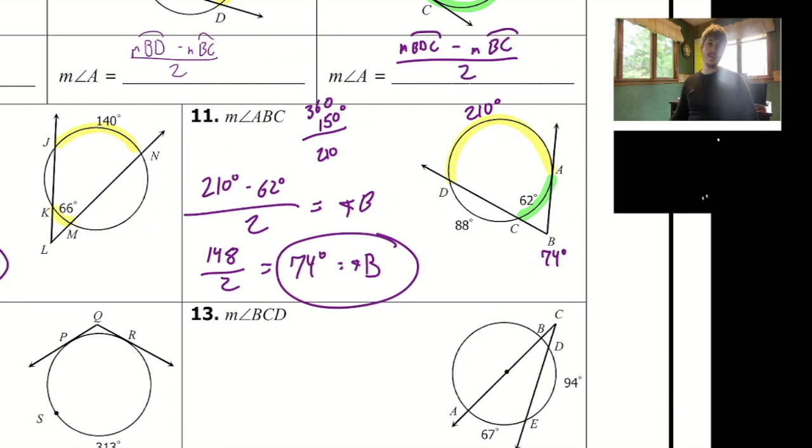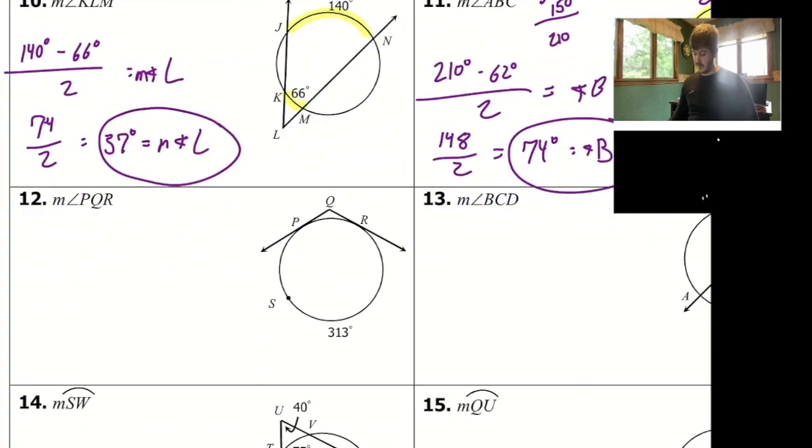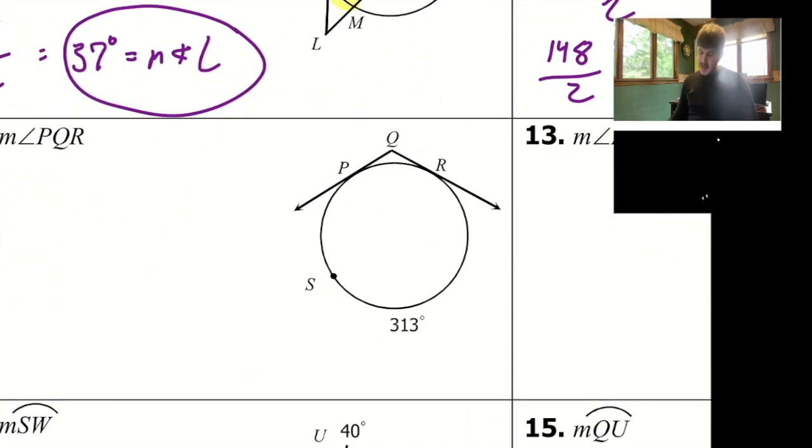And that one utilized a secant and a tangent, because the first one was 2 secants, and then the bottom one is just going to be 2 tangents. So we'll see how we can figure this one out. They want the measure of angle PQR, but they only gave us one arc.